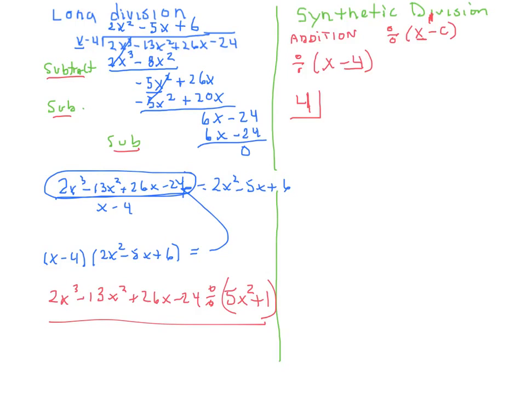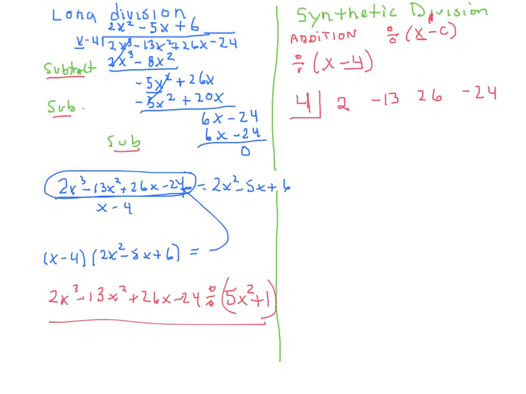Now I list all of the coefficients of my polynomial. The coefficient of x to the third is 2. The coefficient of x squared is negative 13. Coefficient of x is 26. Coefficient of x to the 0, or my constant value, is negative 24.